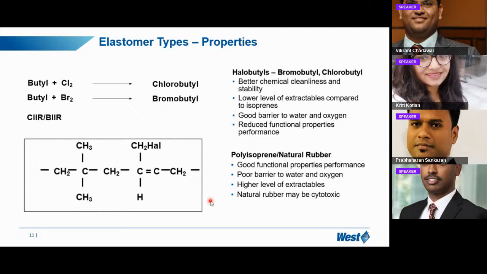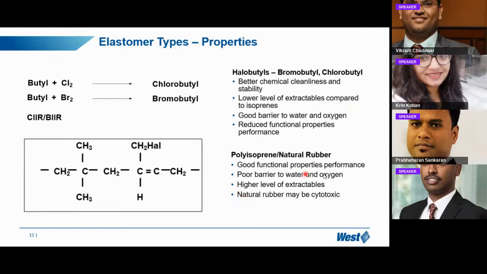Why we are going with the butyl or halobutyl version is because they have better chemical cleanliness and stability. They show a very low amount of extractables compared to isoprene, which is IR rubber, a good barrier to oxygen and water, and reduced functional properties and performance. So these are the advantages we are going to see by using this halobutyl version.